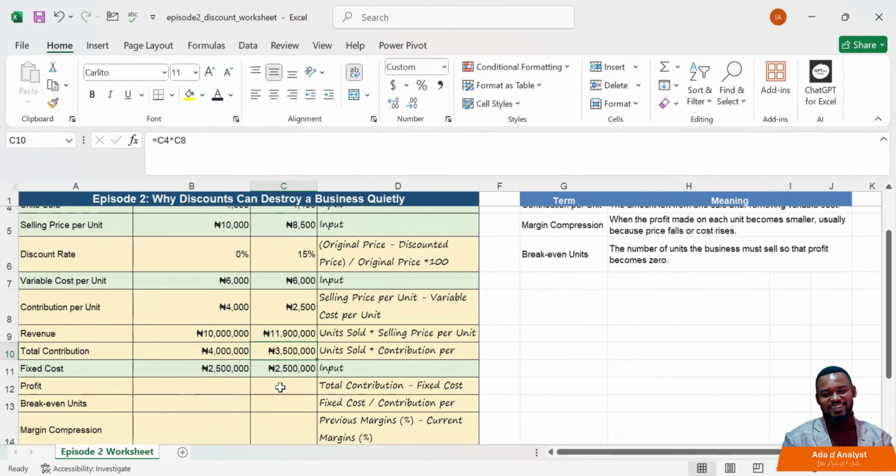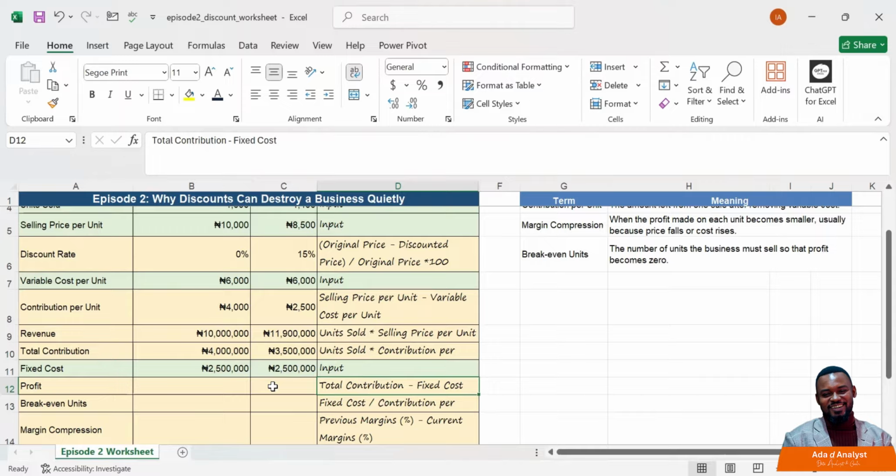For us to look at profit, we want to say total contribution minus fixed cost. We will get our profits that way. Now, let me state simply that you could also determine profit from revenue if you have determined your fixed cost and your variable cost. What we have done with our total contribution is to have removed our variable cost from each of the units sold.